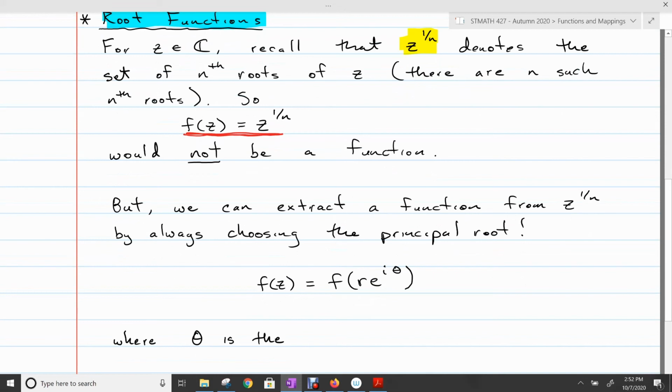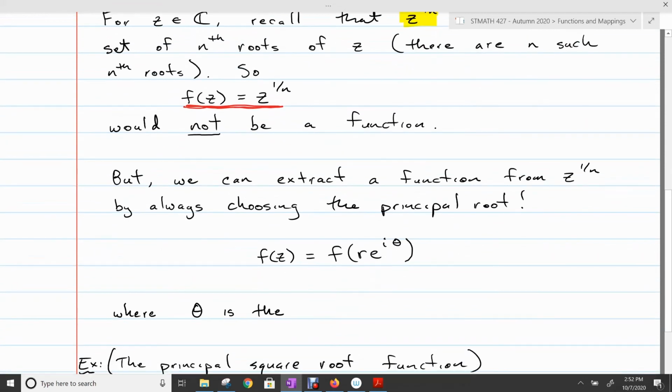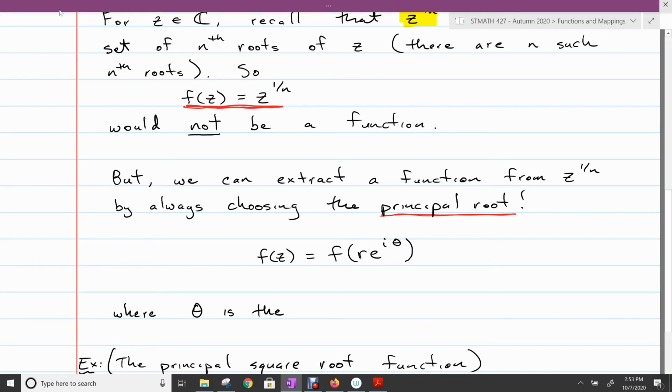But what we could do is, instead of considering all of the possible nth roots, we could just consider one of them. And the most common choice, if you're going to consider one of the roots, would be the principal root. So how would that work? If we take our z and put it into polar form, or exponential form, so z is r e to the i theta, what is the principal root of that?